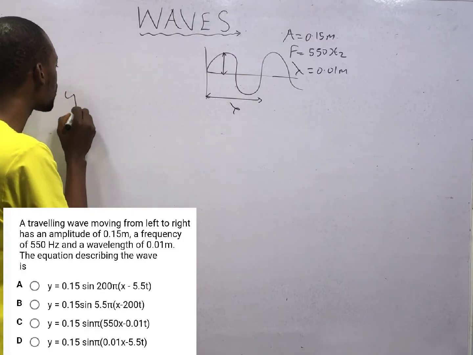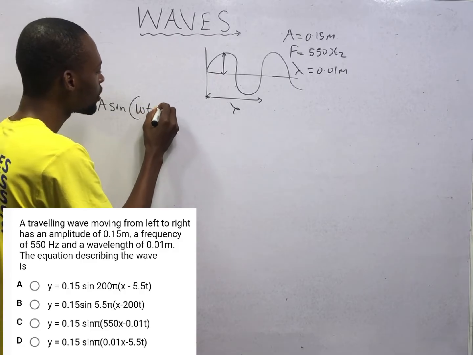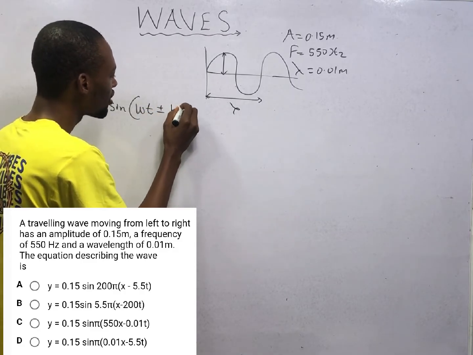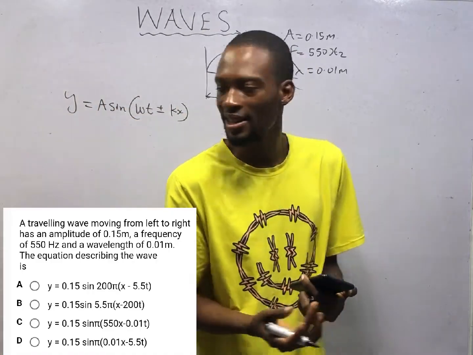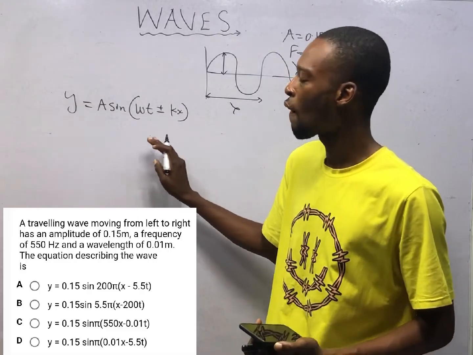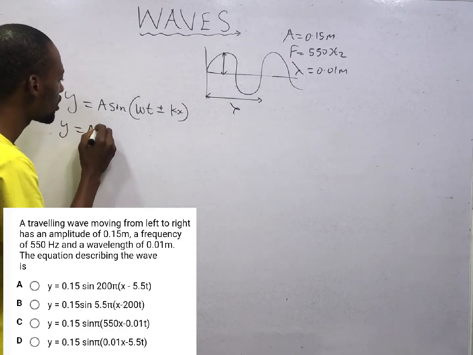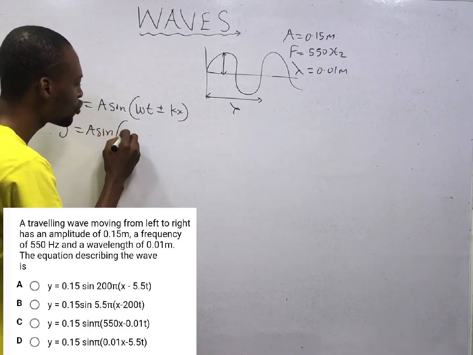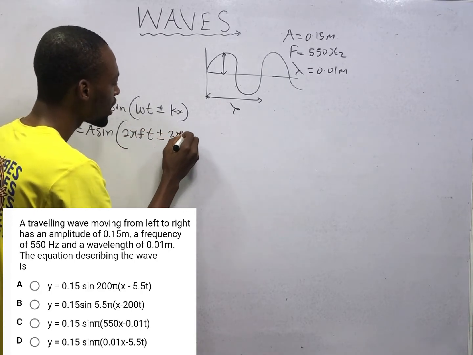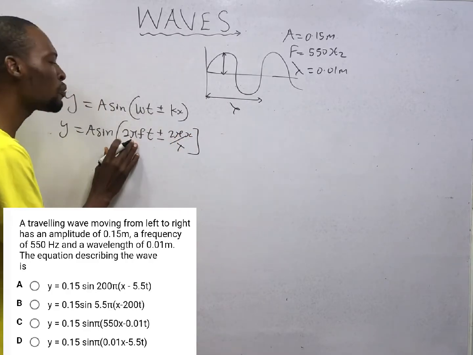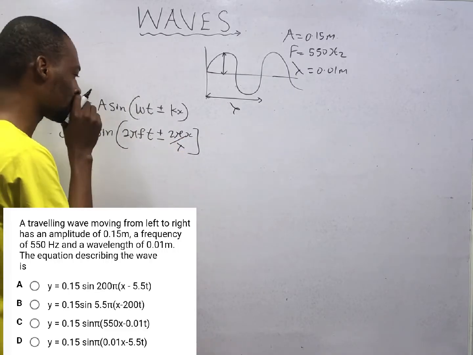First, the equation of a traveling wave is y equals A sin(wt plus or minus kx), or A sin(theta minus phi), which I told you is the same thing as y equals A sin(2 pi f t plus or minus 2 pi over lambda x), where 2 pi f is the angular velocity and k is 2 pi over lambda.